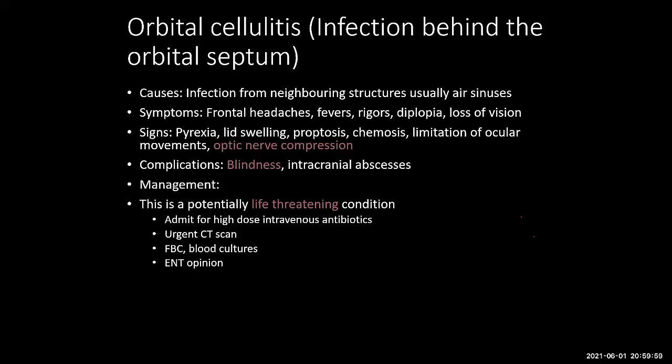The most important entity would be optic nerve compression. That's going to be a devastating problem, because if you have optic neuropathy or optic nerve compression, the patient is going to lose vision. As complications, they can even have blindness, and even death as a result of cavernous sinus thrombosis and intracranial abscess formation.